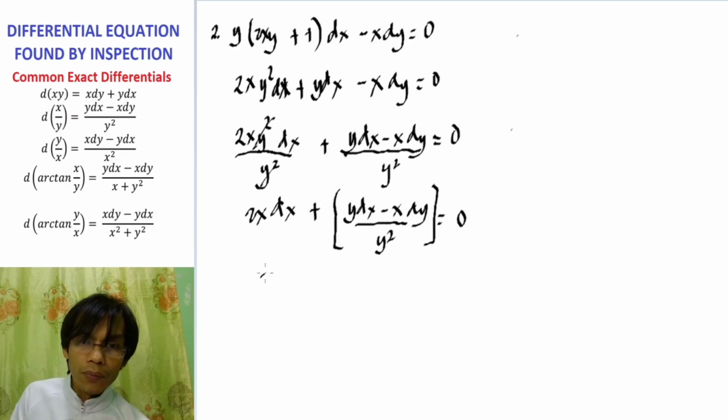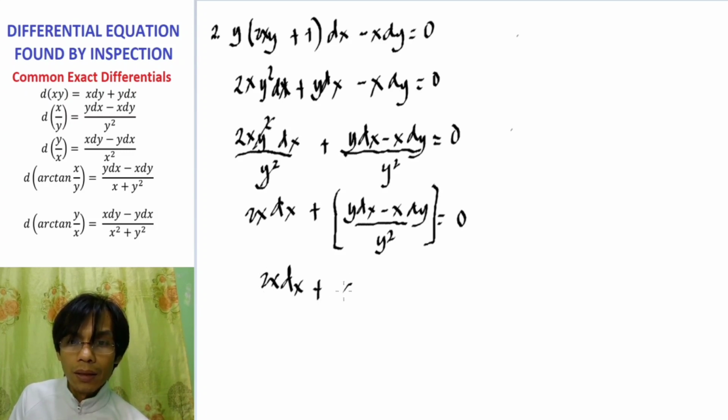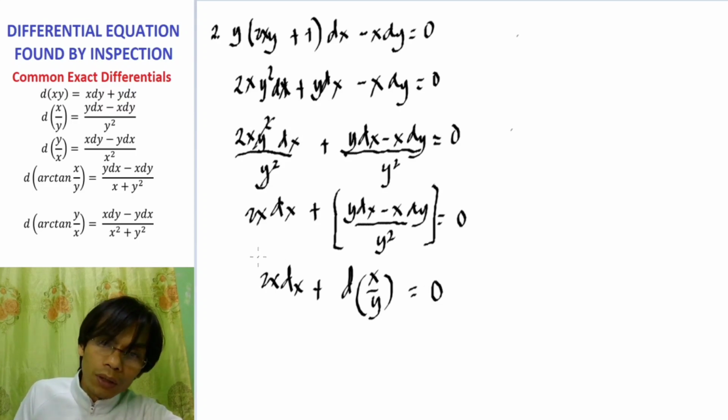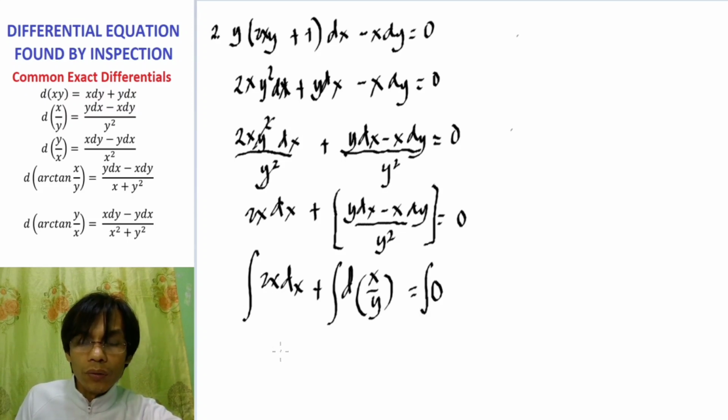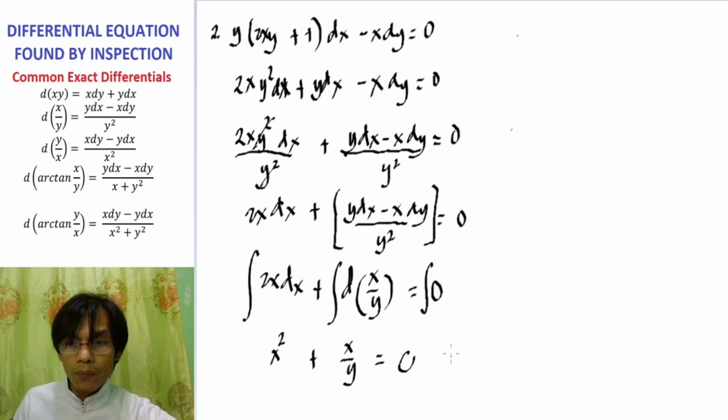So what is it? So we have 2x dx plus d of x over y. That's equal to 0. Now we try to integrate these terms. So this is x squared over 2 times 2, right? So we have x squared plus x over y, and that is equal to c.